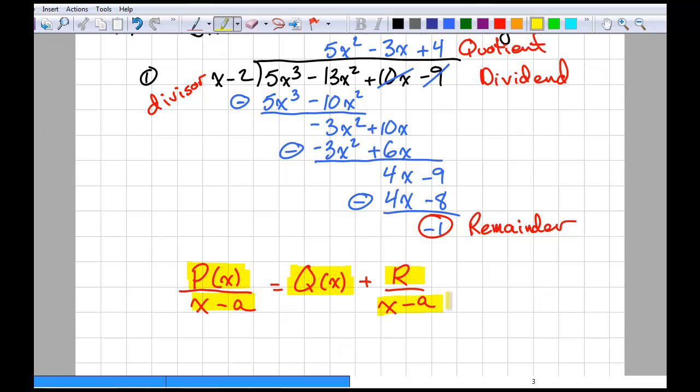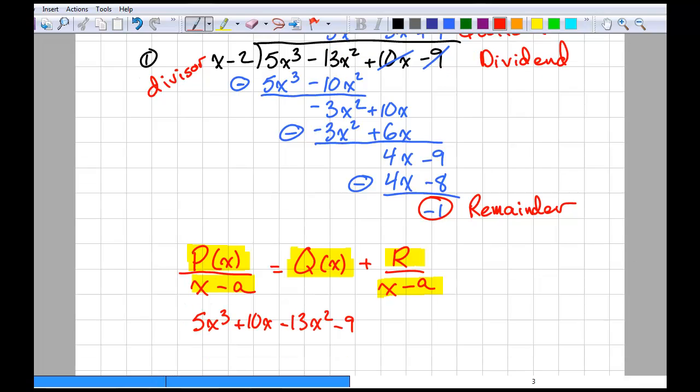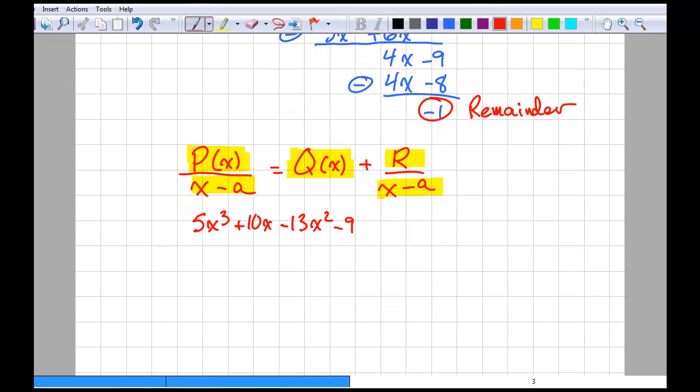Looks more complicated than it is. Basically what we're saying is we take the polynomial, so 5x cubed and so on, we're dividing that by x minus 2. That's going to be equal to our quotient plus our remainder, which is negative 1, divided by the divisor.